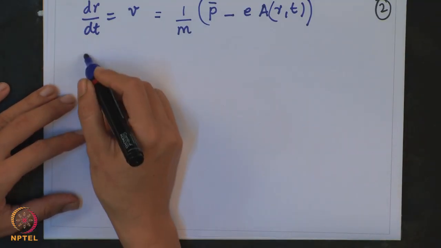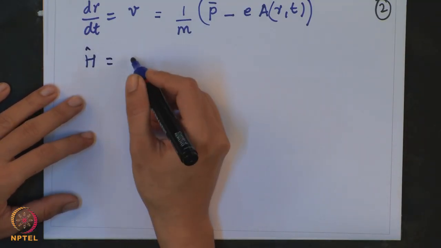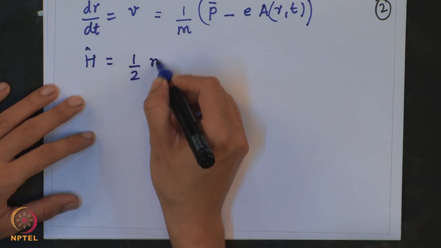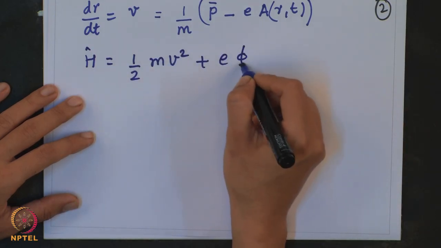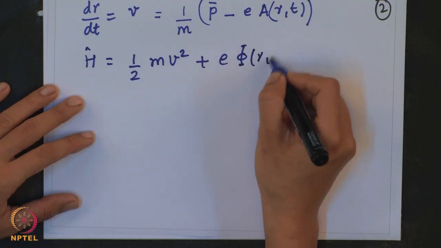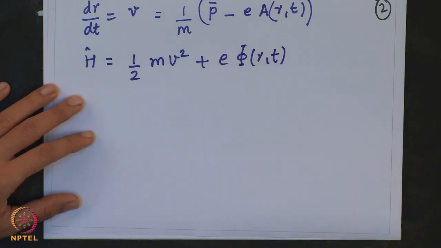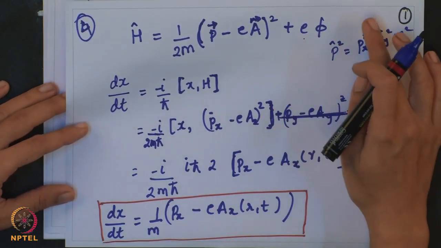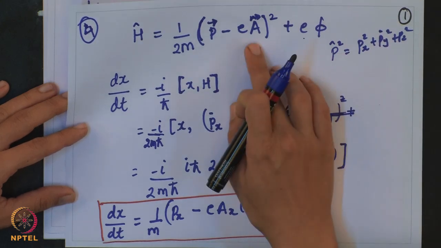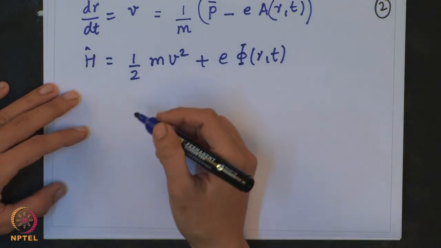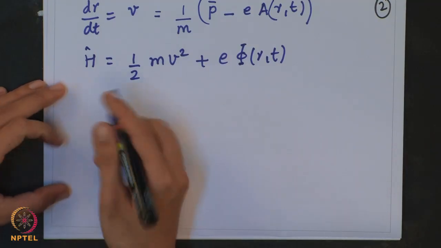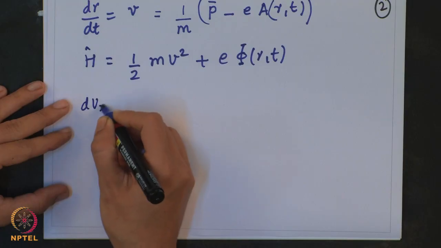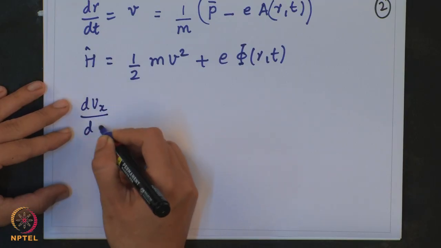I can rewrite the Hamiltonian operator as half m V square plus E phi, which remains unaltered. A and phi are functions of r and t, the space and time coordinates. Now, in order to calculate dV, let us do it for x.